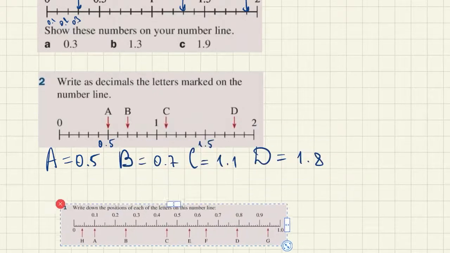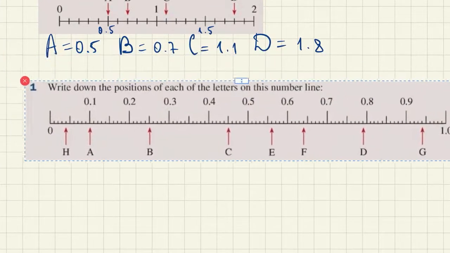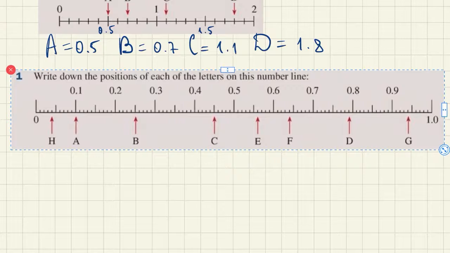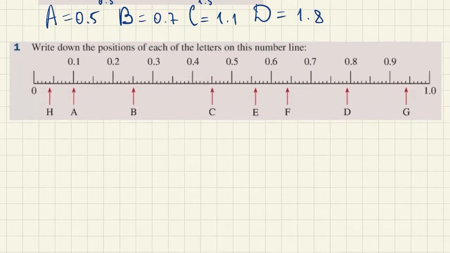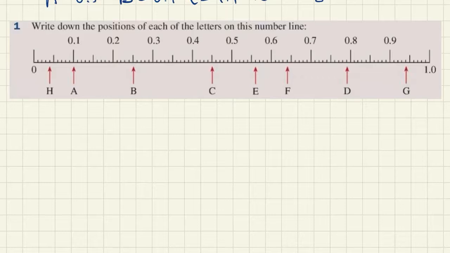Okay, next one is a bit more challenging. I'm going to make it bigger. Write down the positions of each of the letters on this number line. Okay, so we're gonna start with A again.